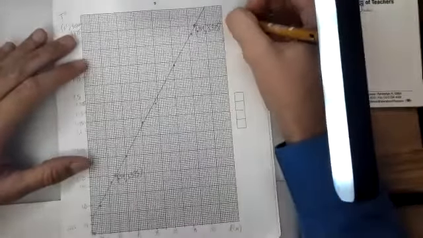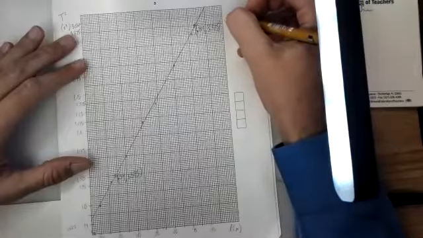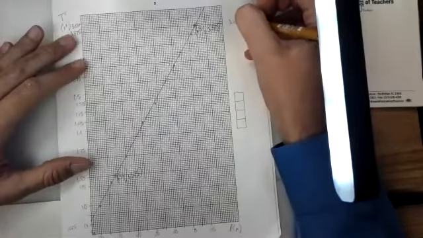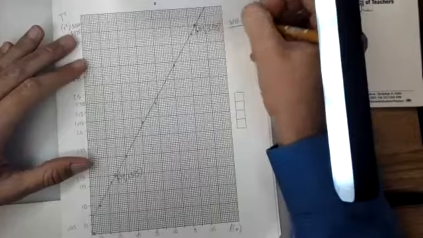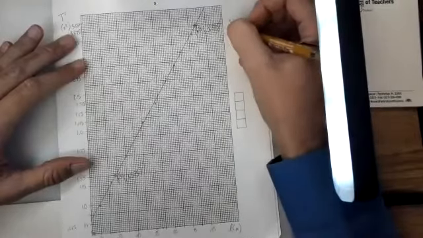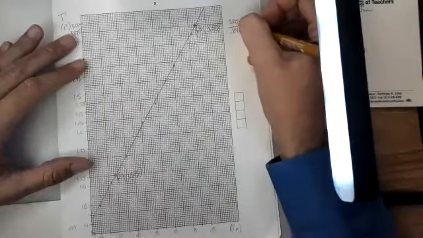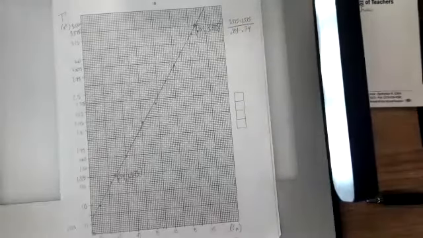So I have the difference in my y coordinates, 3.375 minus 1.375, over the difference in my x coordinates, 0.84 minus 0.34. That's the slope calculation.